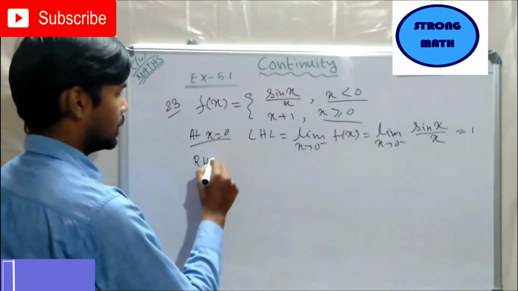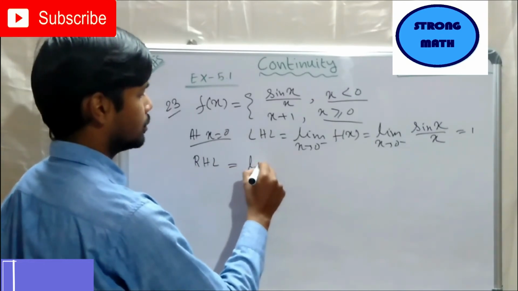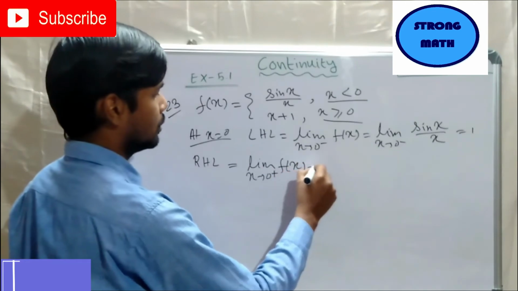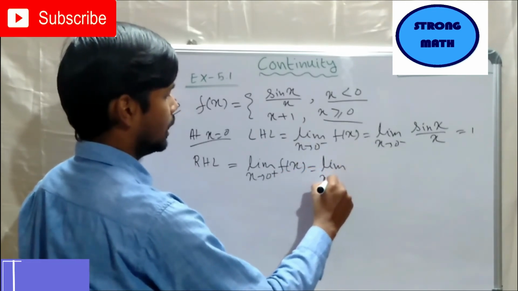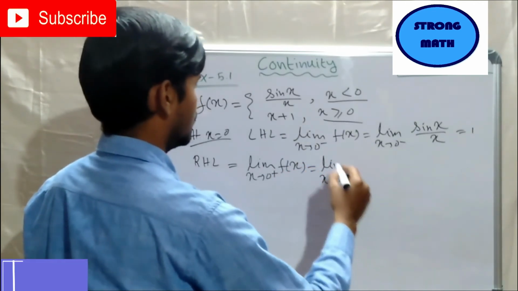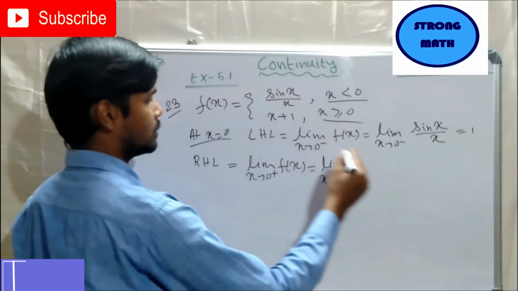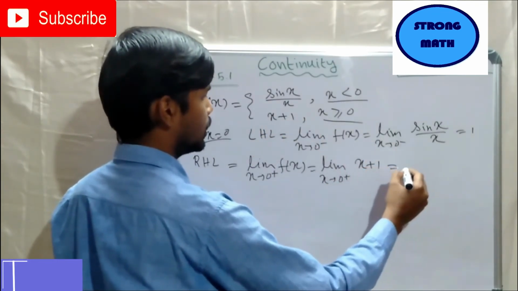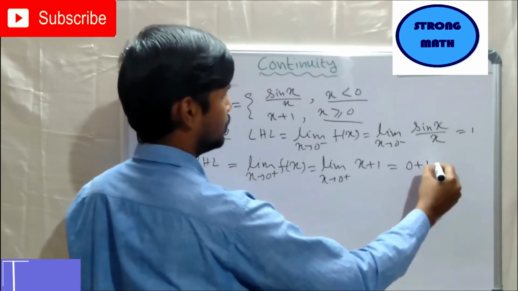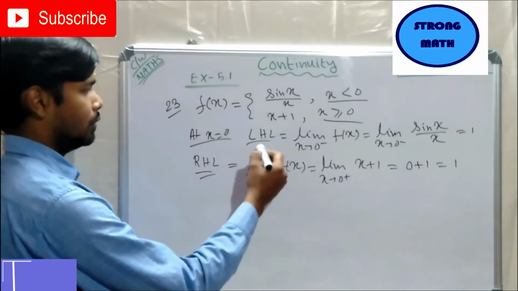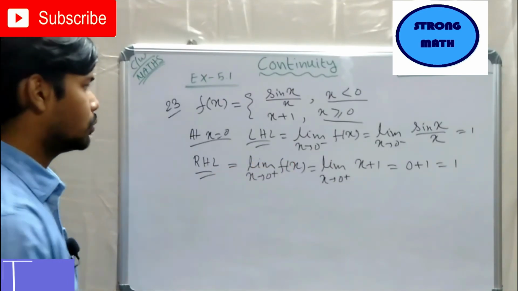Now calculate the right hand limit. Right hand limit equals limit x tends to 0 plus of f(x), which is x + 1. Putting the value, we have 0 + 1, which equals 1. So the right hand limit and left hand limit are both equal.